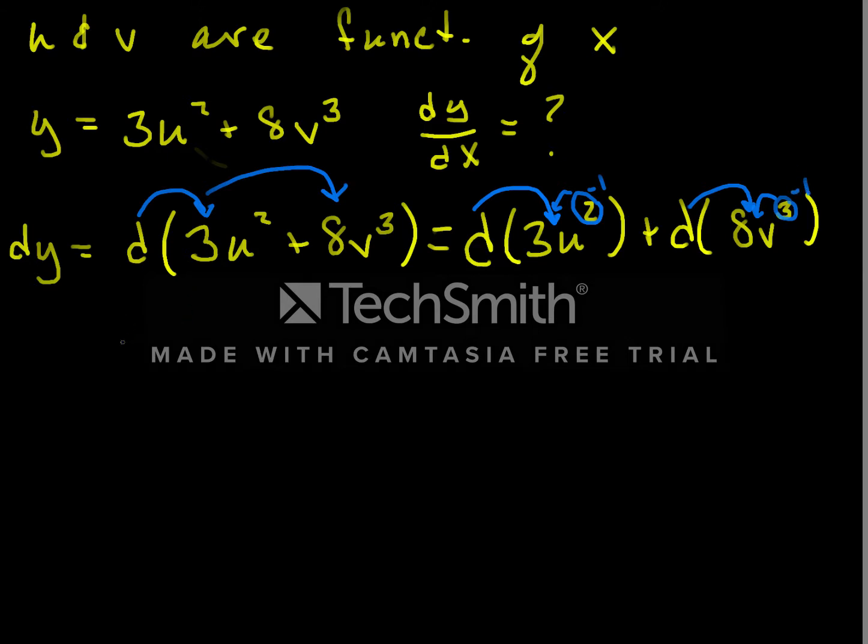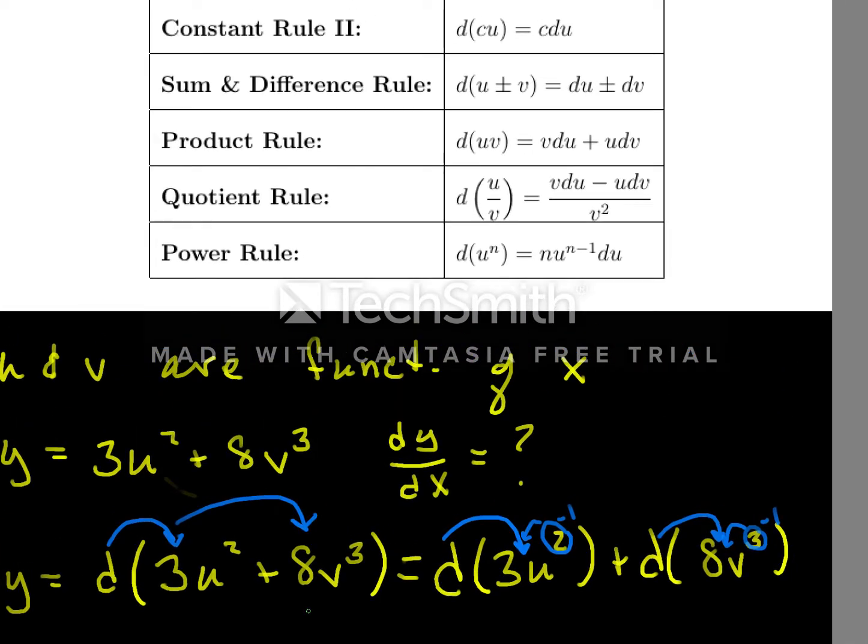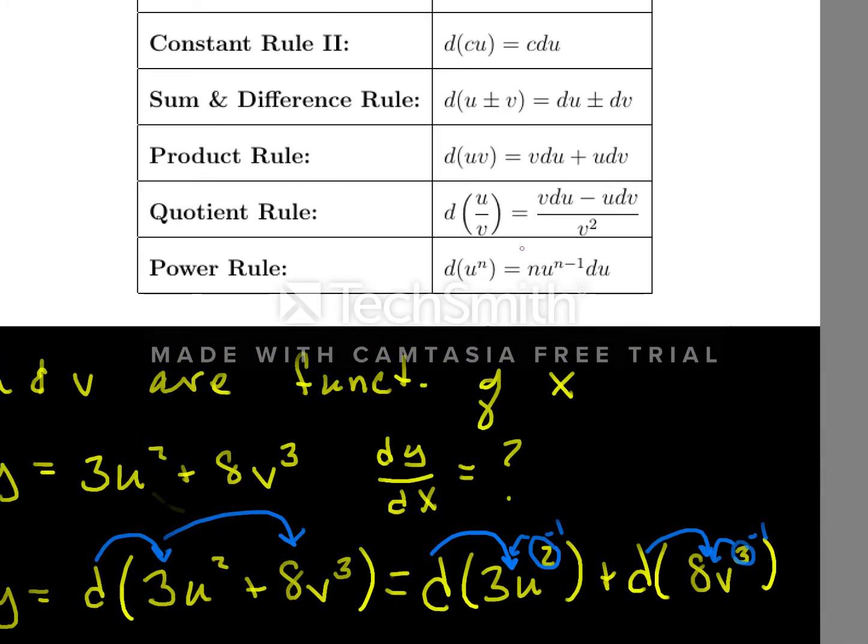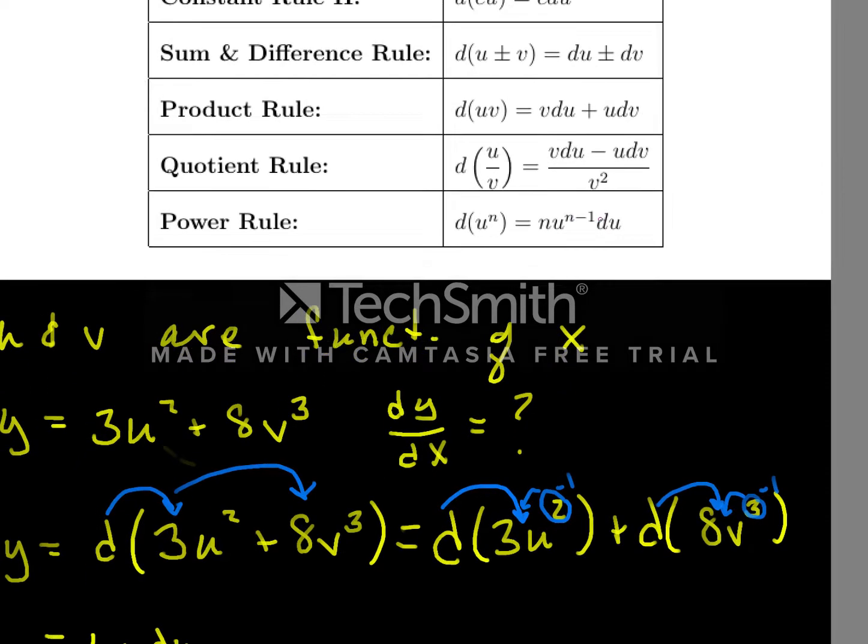Putting that all together, this is equal to 6u du. Don't forget our differential, because the power rule says that the exponent comes down, becomes a coefficient, and reduces by 1, but we still have to hold on to the du.